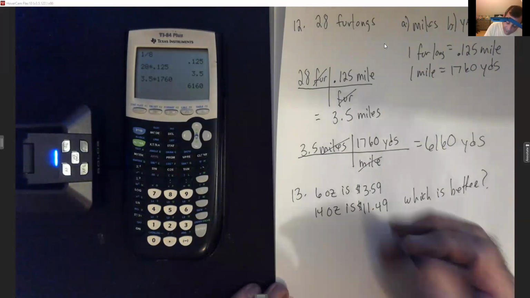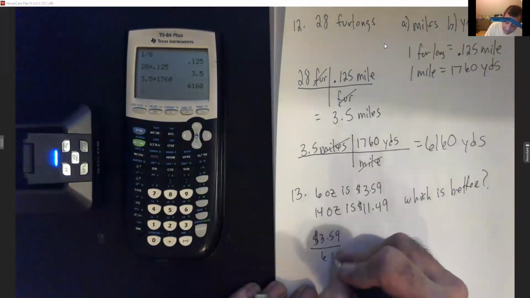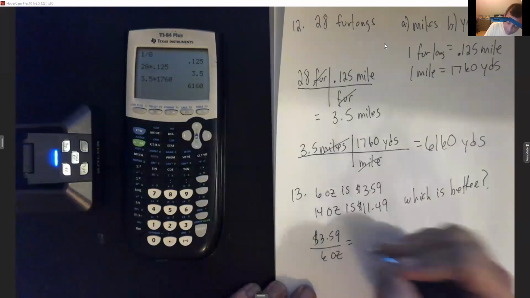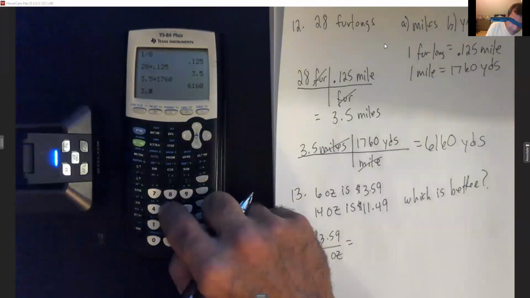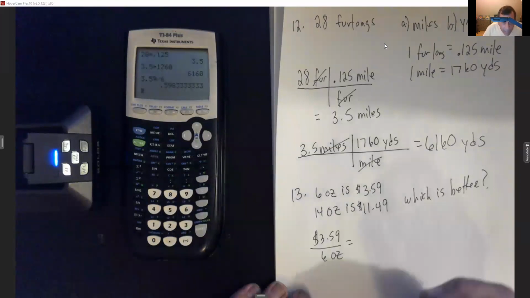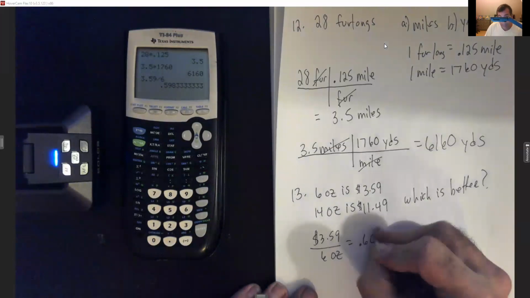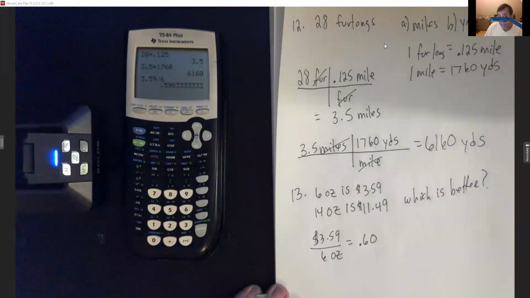So I'm going to start with my 3.59 over 6 ounces. So let's see what we get. 3.59 divided by 6 is going to give me, oh, I'm going to call that 0.598. I'm going to round that to 0.60, right? About 60 cents.